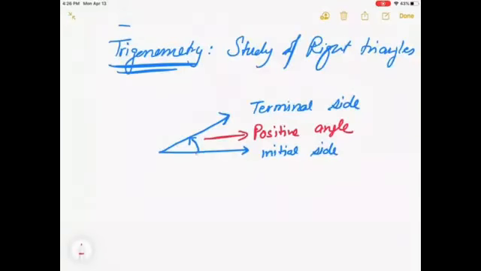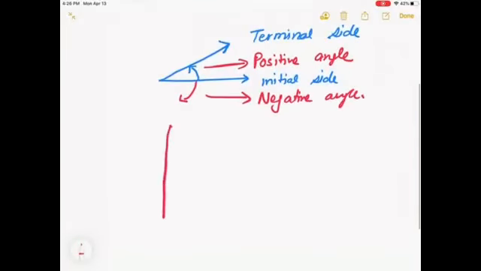But let's say if it goes the other way around, which is clockwise, then it would make a negative angle. Normally, when we talk about trigonometry and angles, we have 4 different quadrants.